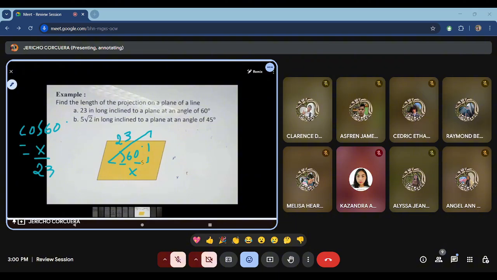We can apply MPE here. So we have 1/2 is equal to x over 23.